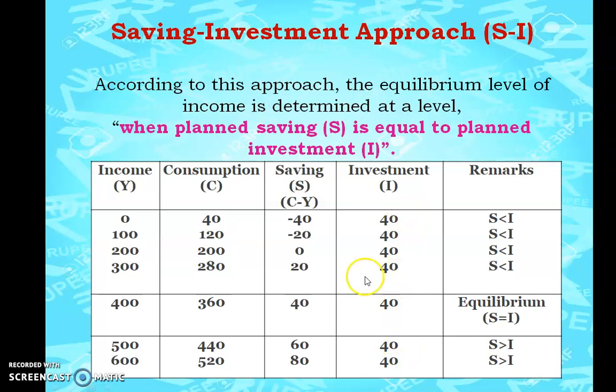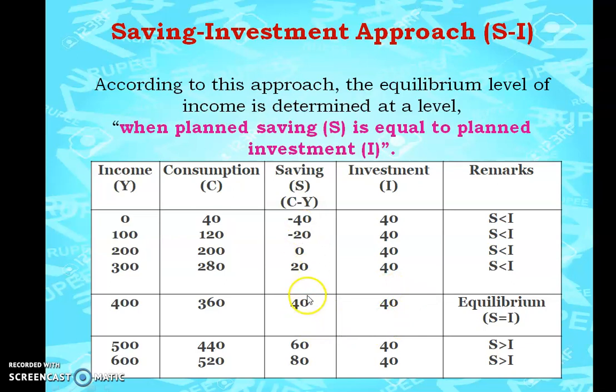Okay, so when our saving is equal to investment, we said that we will be in equilibrium condition. If you see over here, where are we? We are in this condition wherein 40 equals 40. Here we are in the equilibrium.